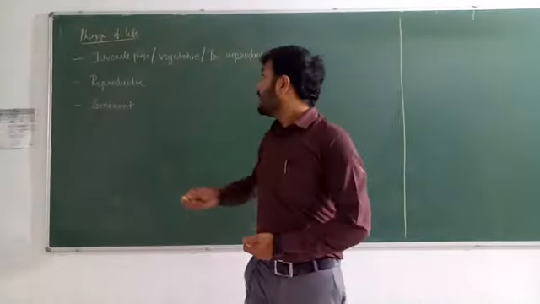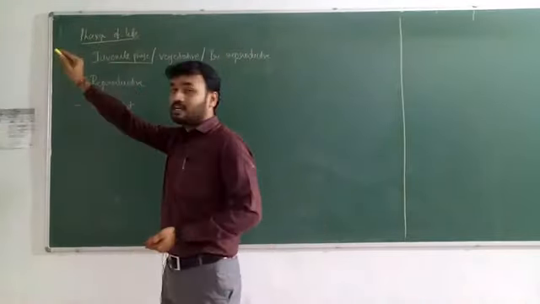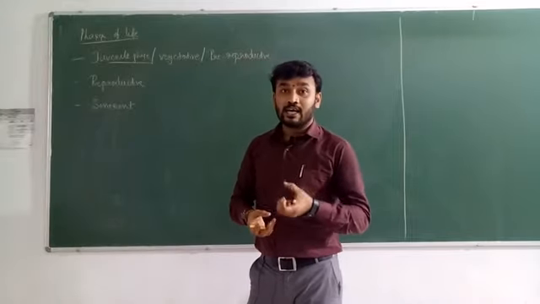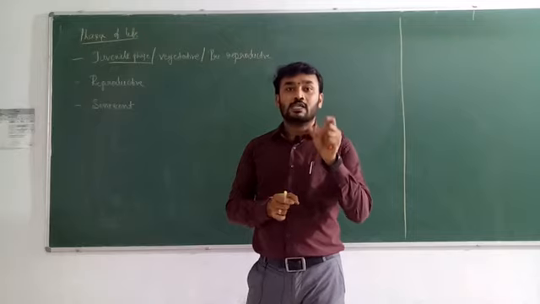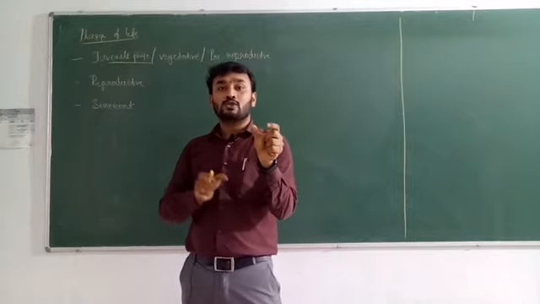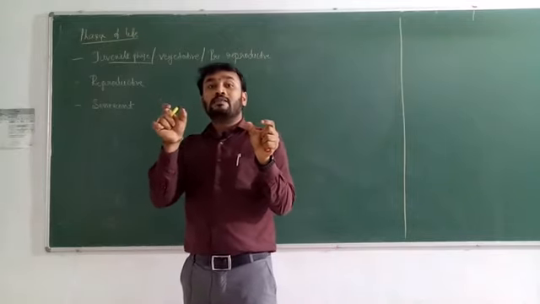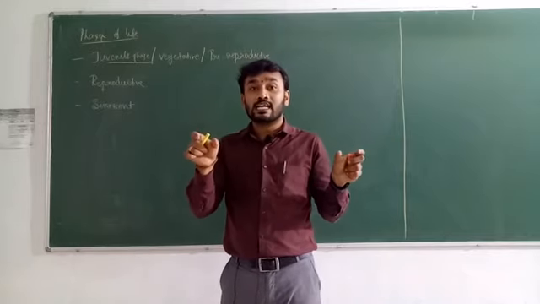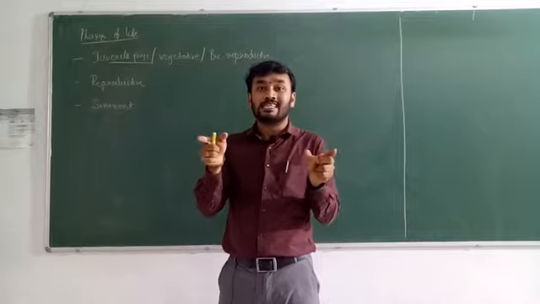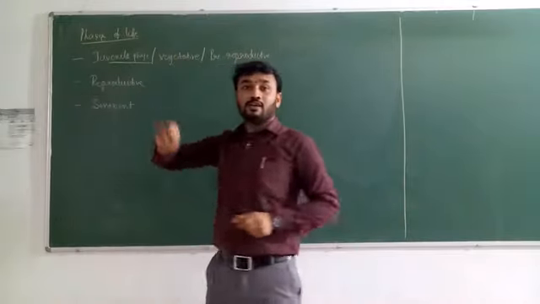So what do you mean by juvenile phase? Juvenile means young ones. It is nothing but the phase that takes place between the period of birth and the time of attaining maturity. So from birth till it attains maturity, this period is the juvenile phase. We can also call it the growth phase.